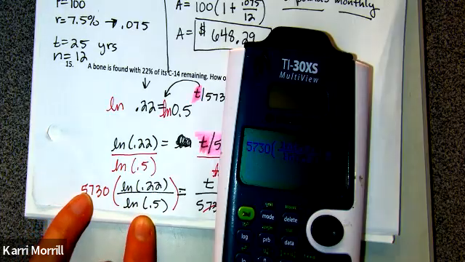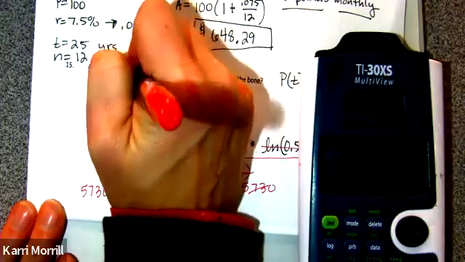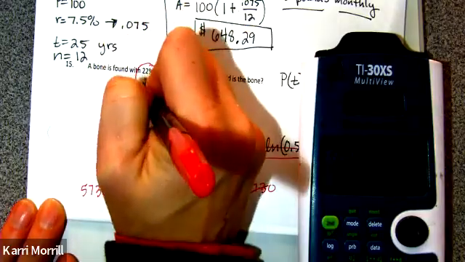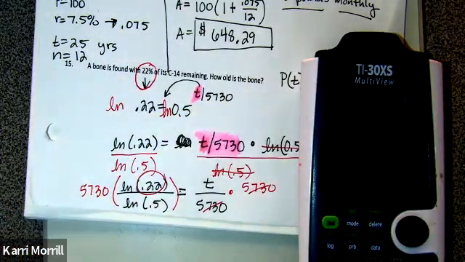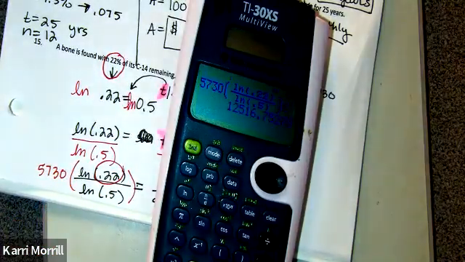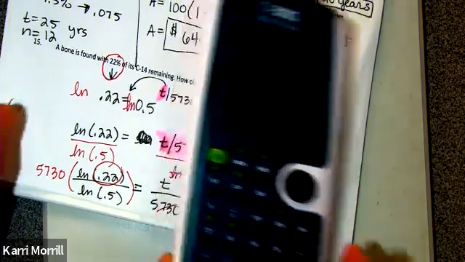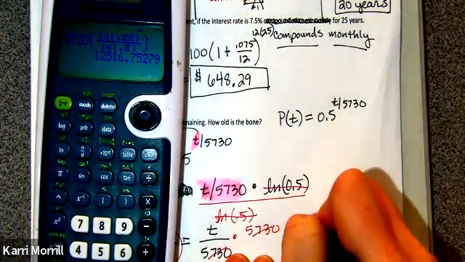Hopefully you've kind of picked up on the pattern. Whatever the percentage is, this is always the only thing that's different when you're figuring it. And then this one often says round to the nearest year as well.